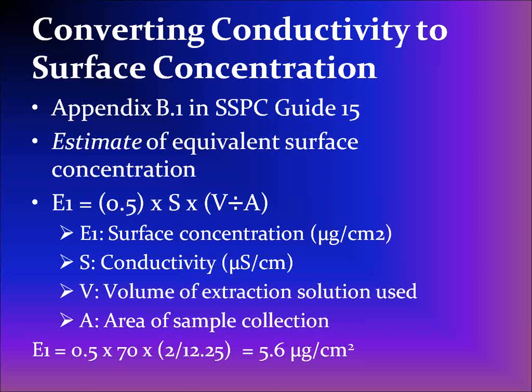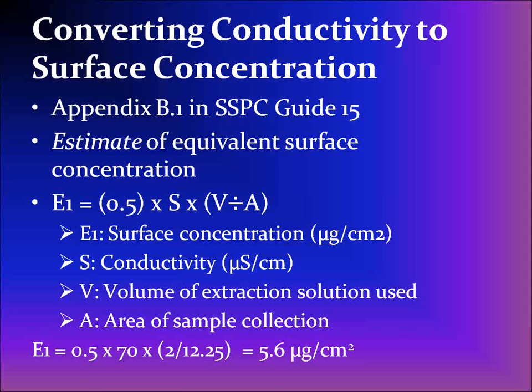S is the conductivity in microsiemens per centimeter. V is the volume of water used to collect a sample from the surface in milliliters. And A is the area of the sample collection in square centimeters.